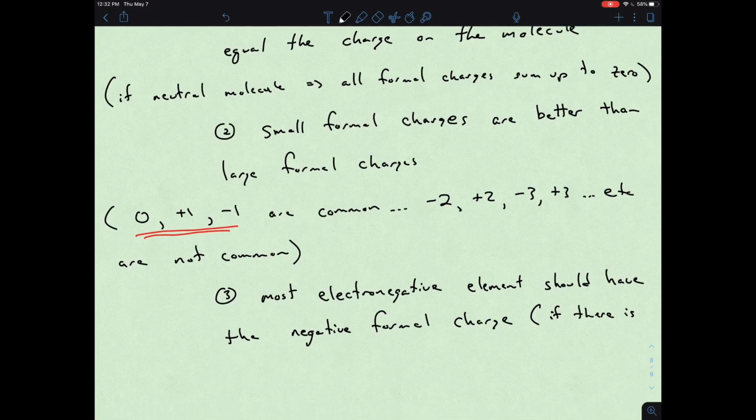Basically, if there is a negative charge.